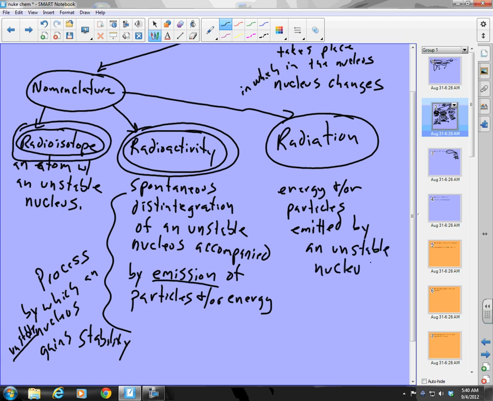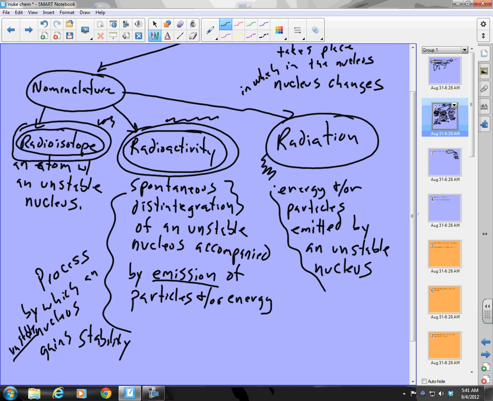Hey, I see the picture now. We've got a radioisotope here. It's unstable, so it is radioactive. And its nucleus spontaneously disintegrates. And when it spontaneously disintegrates, it emits radiation. There we go. And so now we have a whole picture of this idea of a radioisotope, radioactivity, and radiation.